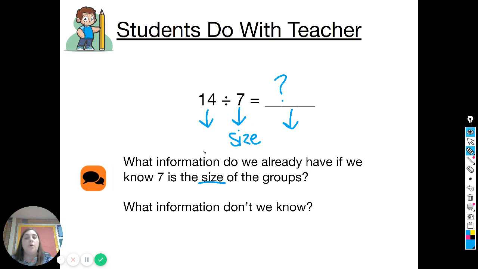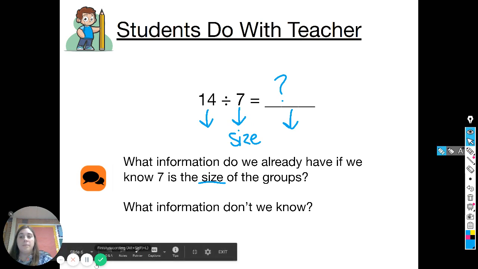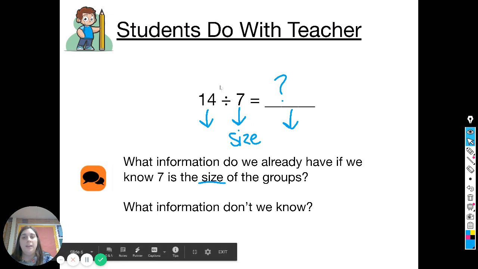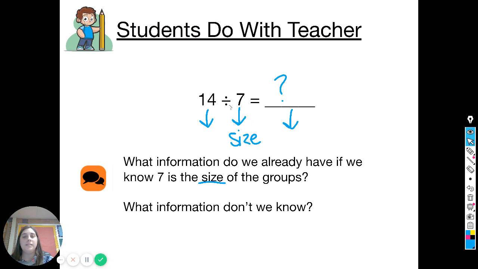Okay, so I want you to tell me by writing on your whiteboard, what is 14? We know 7 is the size. What is 14? Go ahead and write that on your whiteboard, whatever your guess is, and hold that up.